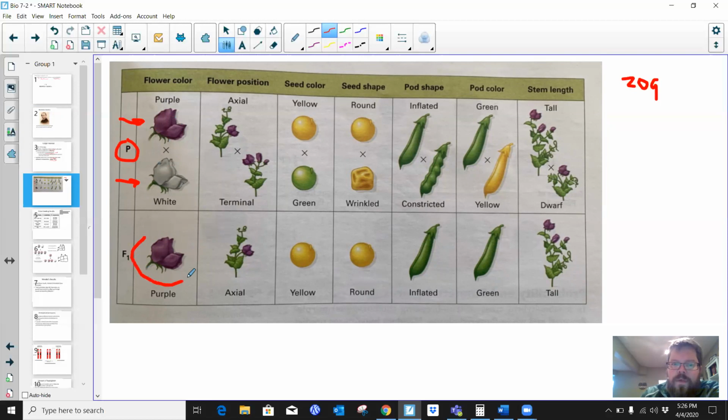What he saw was that in what's called the F1 generation, I'll talk a little bit more about what that means in just a second, they were always purple. So it was almost like when he came up with this first generation, the offspring that resulted from this cross, the characteristic of the white color in the flowers of the parent was completely masked. It's almost like it disappeared, like it wasn't even there.